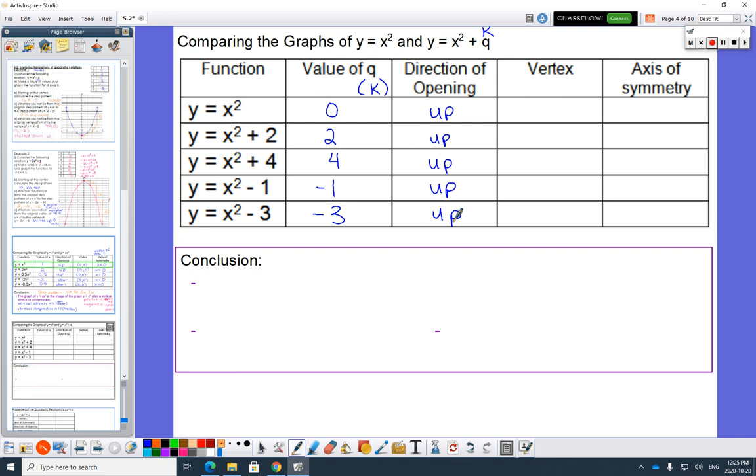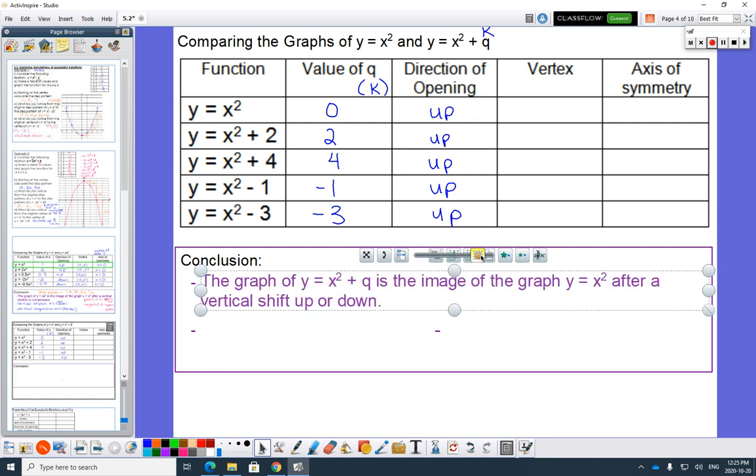Okay, so when you have a number outside of the brackets, then that is going to be a vertical shift up or down. So I'm going to get you to write that in first. So we're talking about a vertical shift.